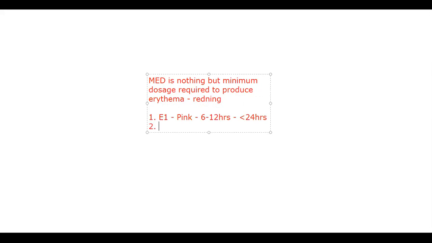E2 will be a bit pinkish and reddish, the latent period is 6 hours, and it will last for 48 hours. Third point, E3 is much more onto reddish color.